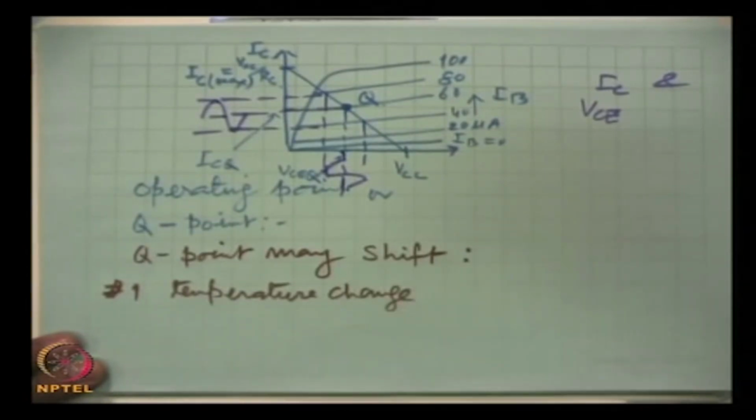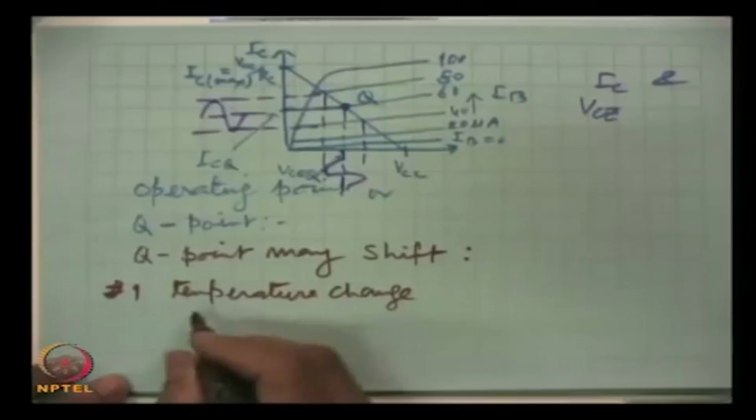I have talked about this point, how the temperature changes. The temperature changes from season to season, it changes from place to place. For example, in Himachal and in Delhi there may be a difference of 30, 40, 50 degrees, and it also changes because of the ambient of the circuit.